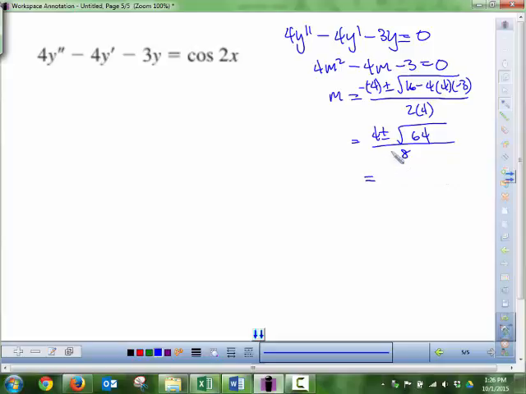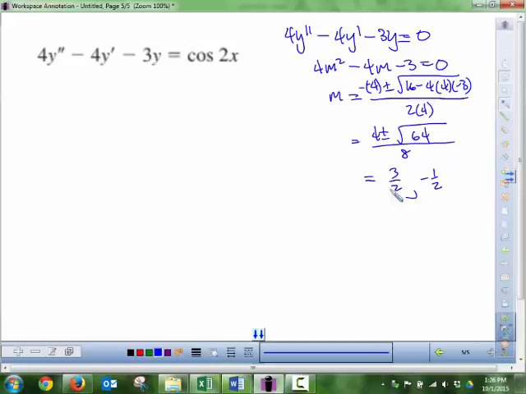So my two solutions: three halves and negative 1/2. Will you get confirmation on that? Yeah? All right.